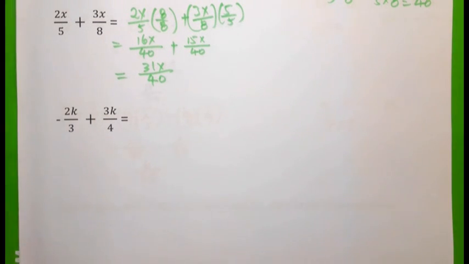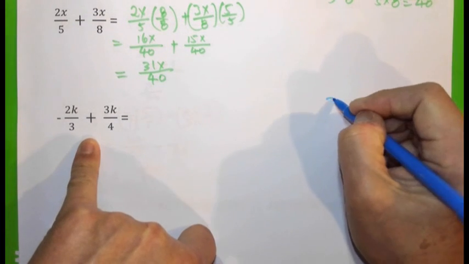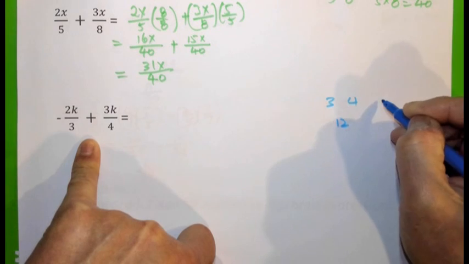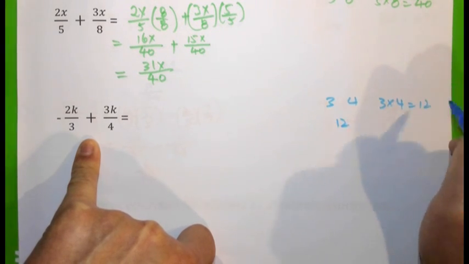Let's have a look at how we add these two together. What is the lowest common denominator of 3 and 4? In fact, it is 12. So 3 times 4 equals 12.